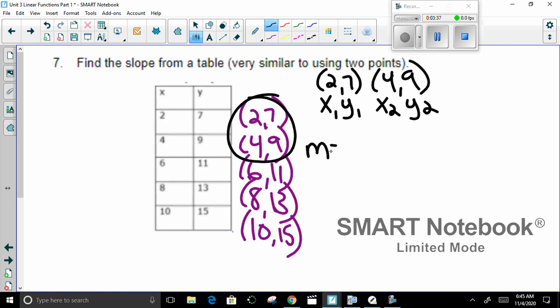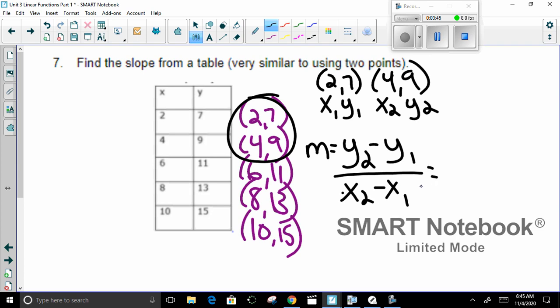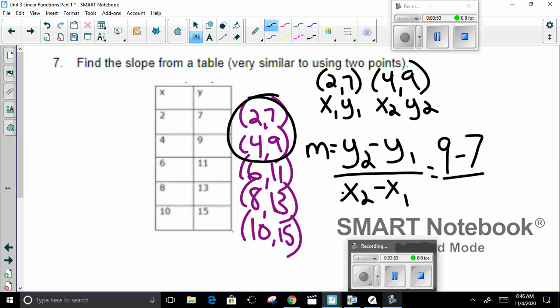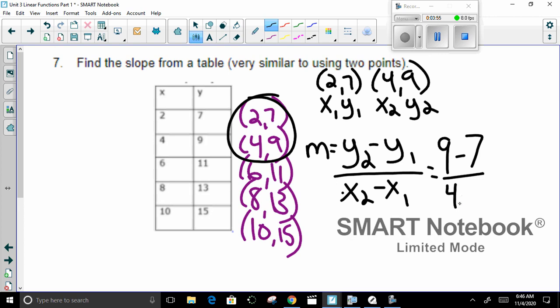Use your formula. y2, and I'll write it down every time until I really learn it. y2, my second y value is 9, minus y1, my first y value is 7. x2, my second x value is 4. x1, my first x value is 2. 9 minus 7 is 2. 4 minus 2 is 2. 2 divided by 2, I always put my fraction or my slope in simplest form, and if I can fully reduce it, do. So my slope is 1, positive 1.